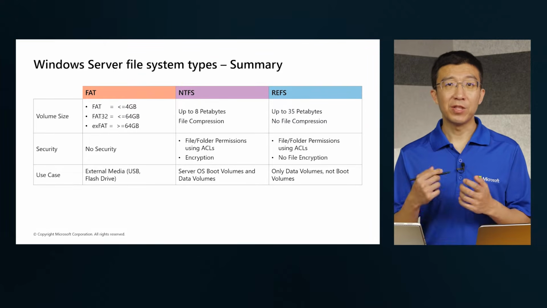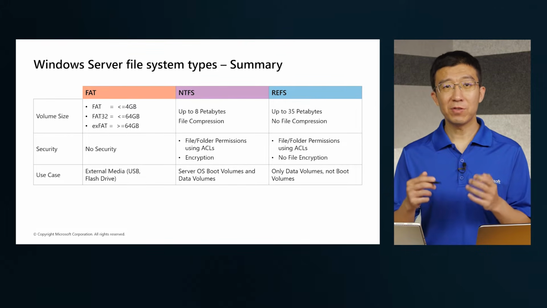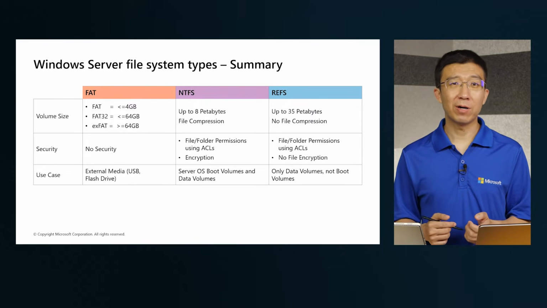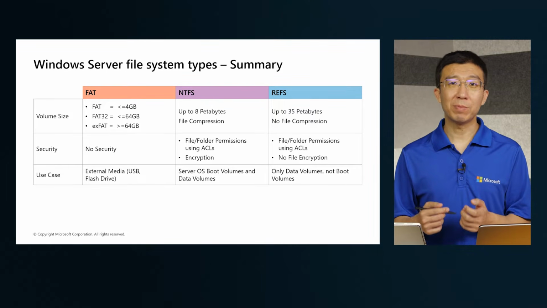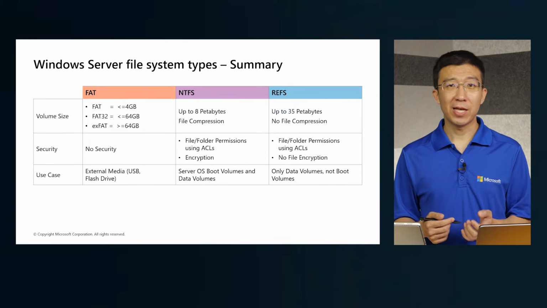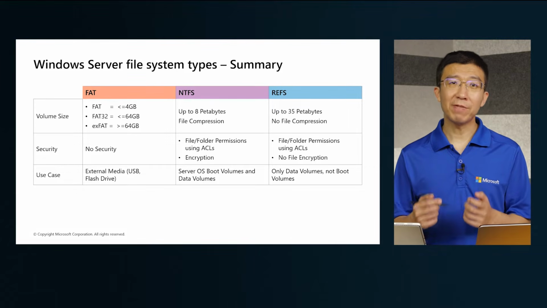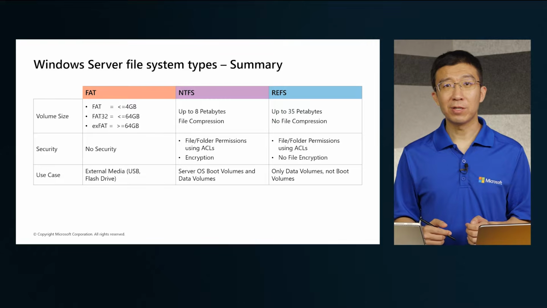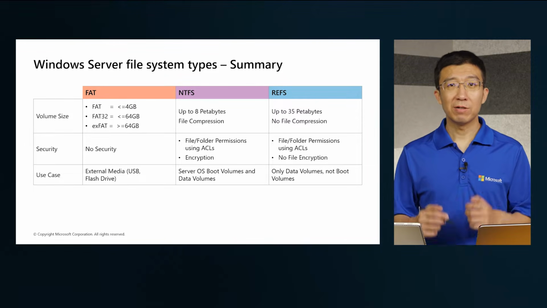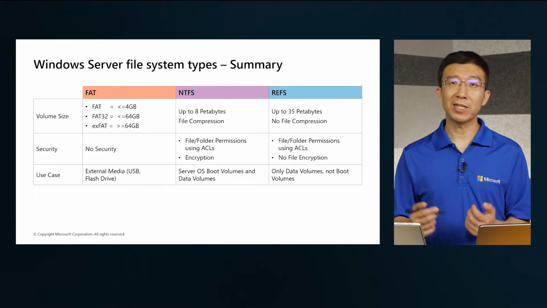Let's compare the main file system types. FAT, FAT32, and exFAT are simple and best for external media like USB drives, but they lack security features and have size limitations. NTFS is the standard for Windows Server, supporting large volumes, file and folder permissions, encryption, and compression.